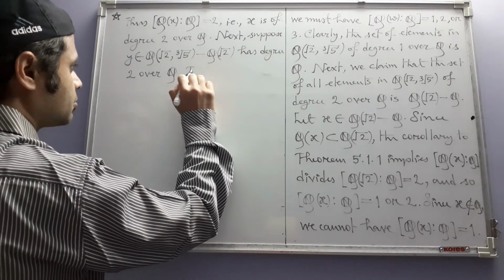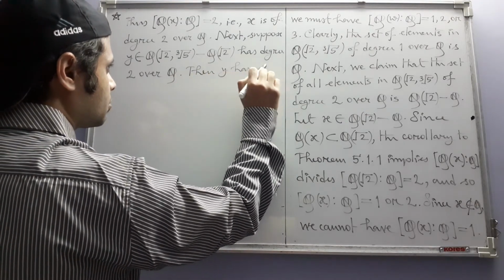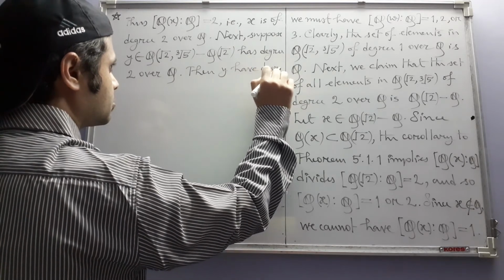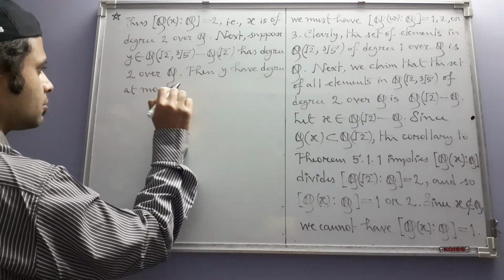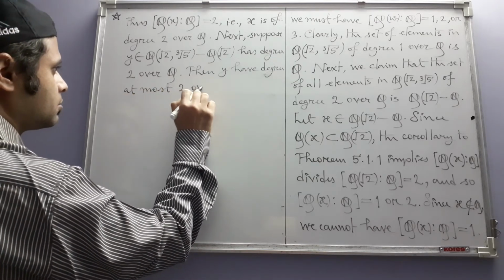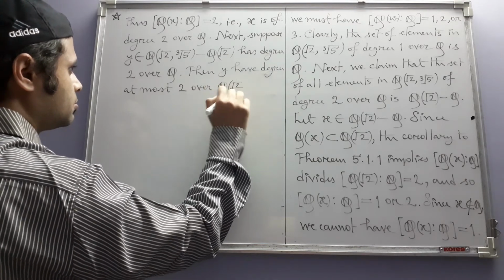Then y has degree at most 2 over Q(root 2).